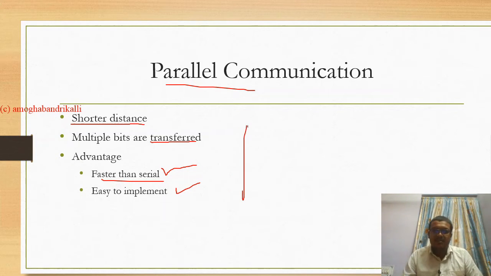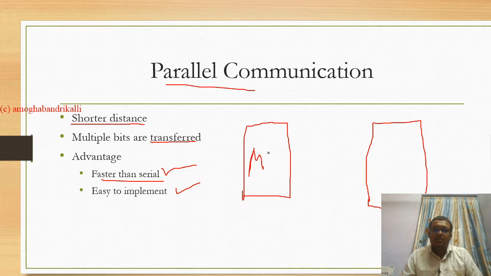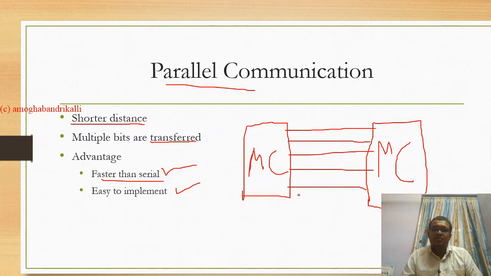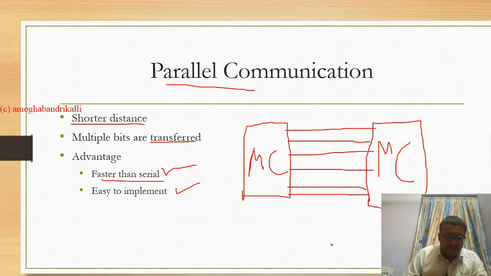Consider these as two microcontrollers. We need too many pins. For example, if you are going to transmit some information, we'll have 8 bits: 1, 2, 3, 4.